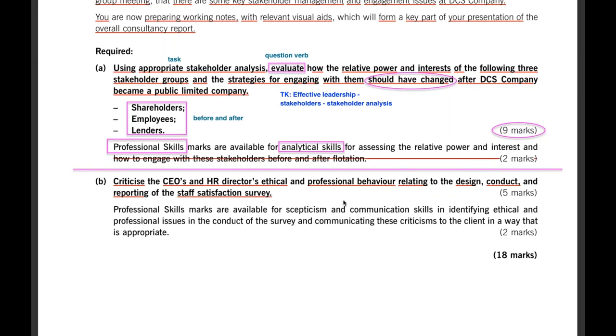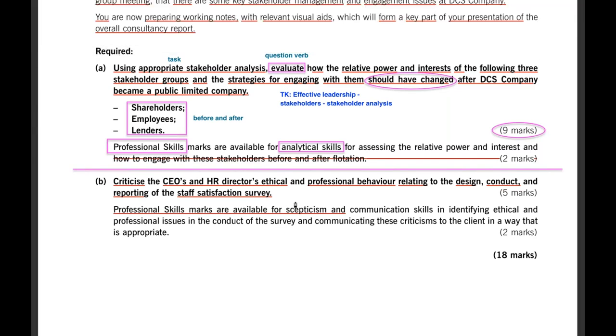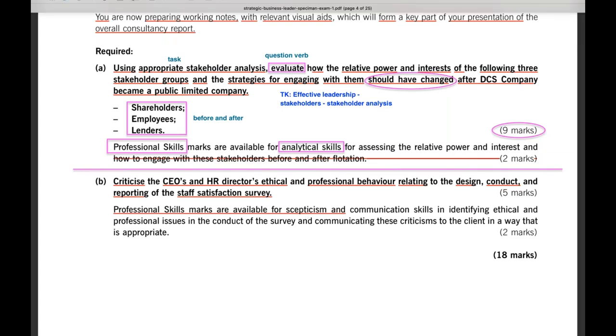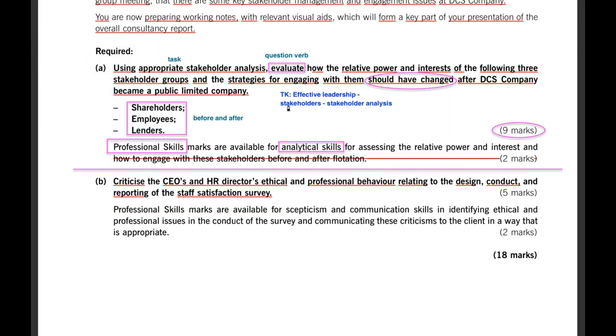In this case, you are being tested on 2 skills: skepticism and communication skills.